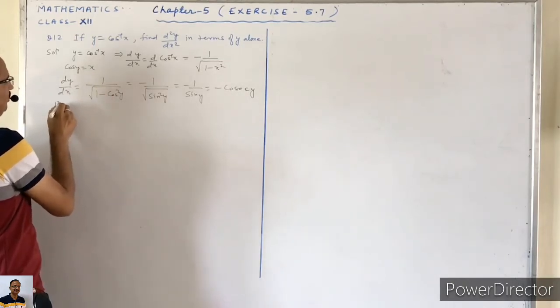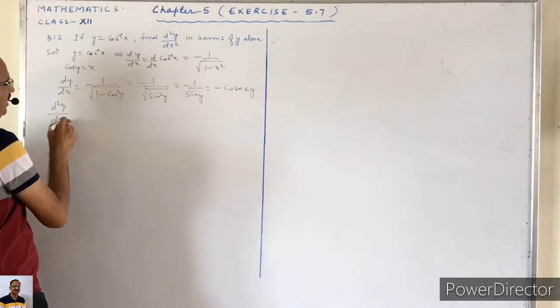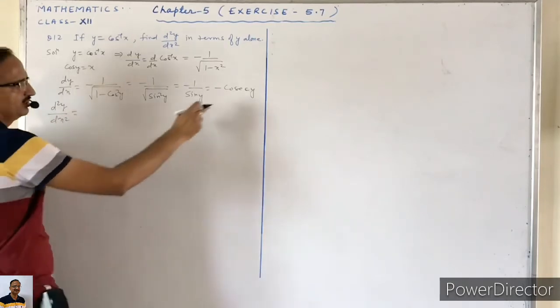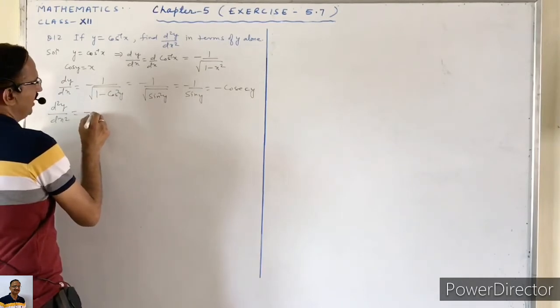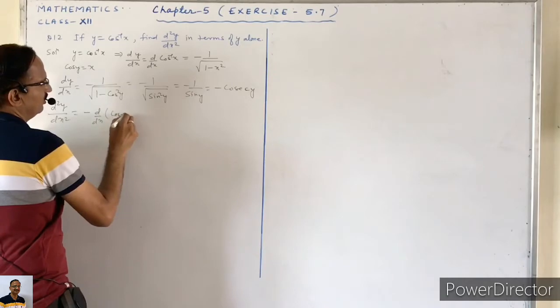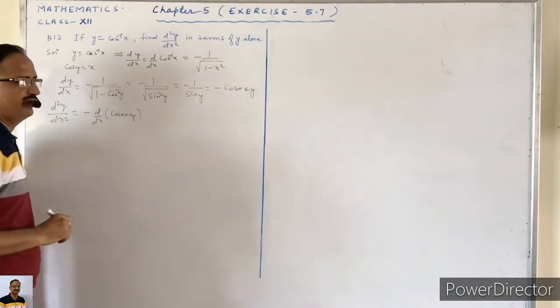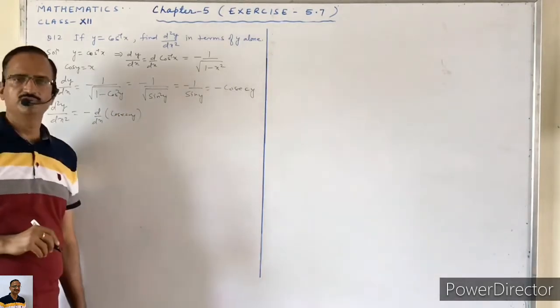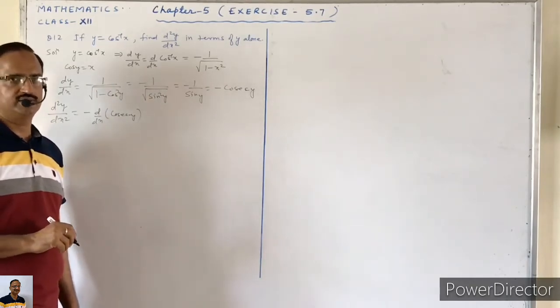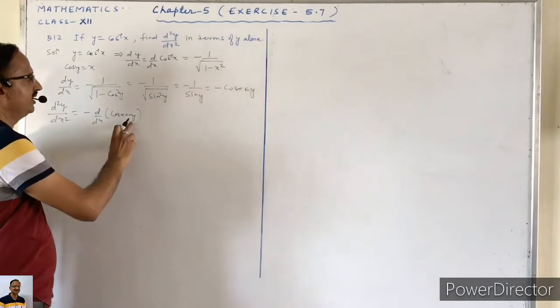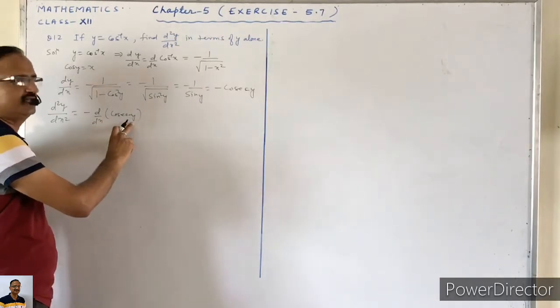So d2y by dx square equals to, when we differentiate this, this is minus d by dx of cosec y. Now as we know that the differentiation of cosec x is minus cosec x cot x. So for time being, let us suppose that this y is x.